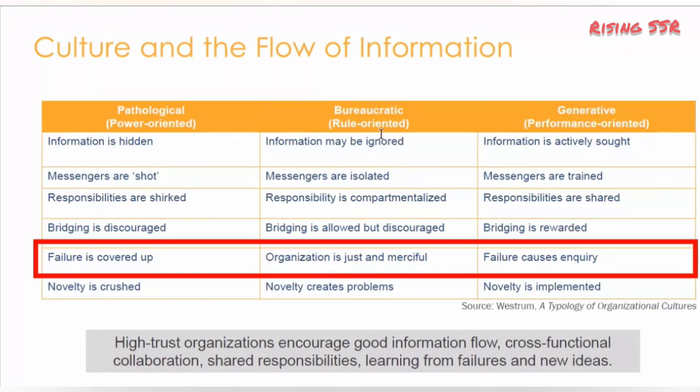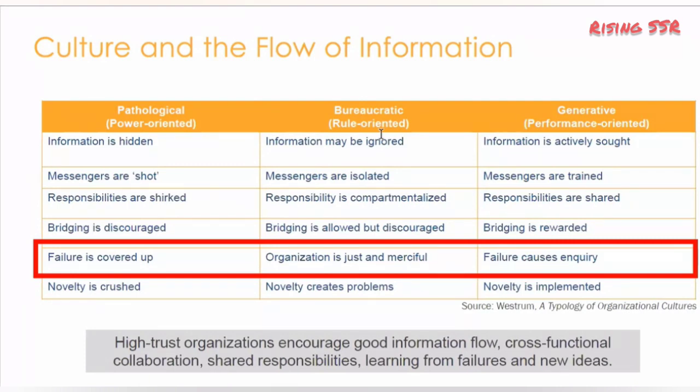But where most organizations would need to head towards is the generative model, which is performance oriented, where if any failure happens, there should not be any finger pointing. Failures should be treated as normal. But yes, there should be a culture to do a blameless post-mortem. We call it a blameless post-mortem, right?